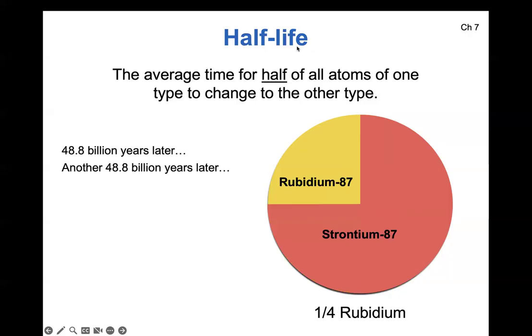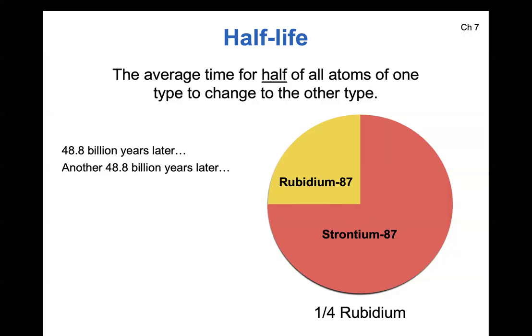And to drive home the idea of half-life, if it took 48.8 billion years for half of the rubidium to decay, well, then after another 48.8 billion years, or 97.6 billion, just the 48.8 times 2, you're going to have 1/4 rubidium. So you'd say that 1/4 of the original rubidium remains, and 3/4 of it has decayed into strontium 87.